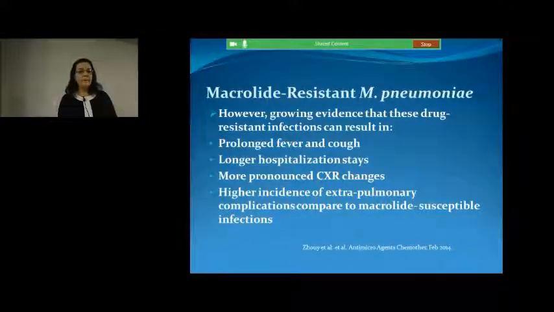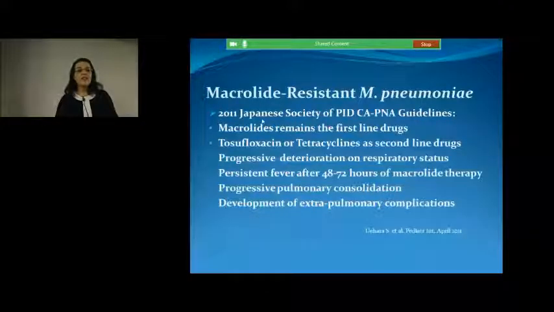So, the 2011 Japanese Society guidelines to treat community-acquired pneumonia in the pediatric population recommend macrolides as first-line drugs, but that was in 2011. And tosufloxacin, quinolones, or tetracyclines as second-line drugs in cases of progressive deterioration of respiratory status.